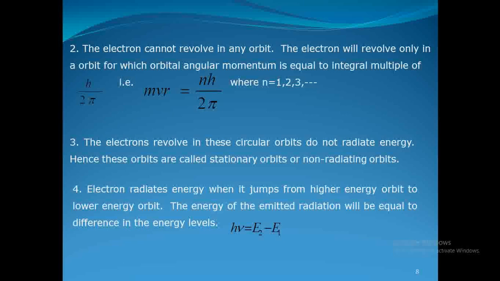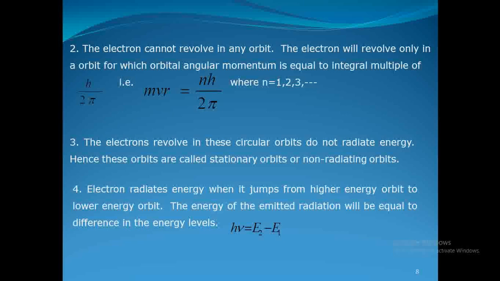Hence the energy of the emitted radiation will always be equal to the difference in the energy levels, that is h nu equals E2 minus E1. E2 is the energy of the higher energy state. It may be the third energy state, fourth energy state, or any one; generally we are indicating it as E2.